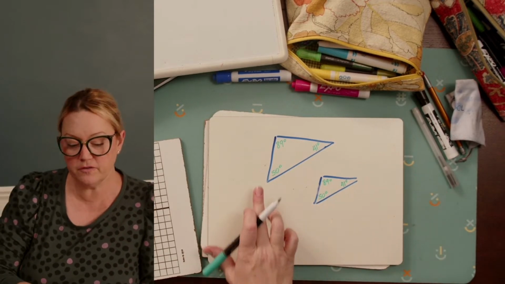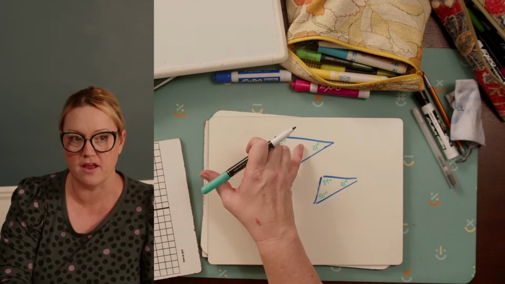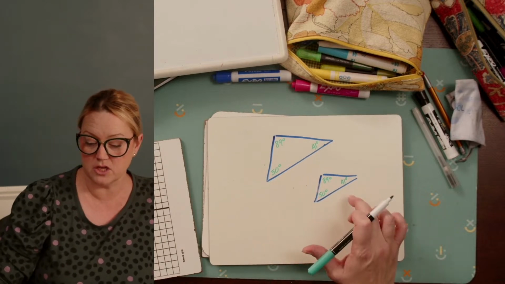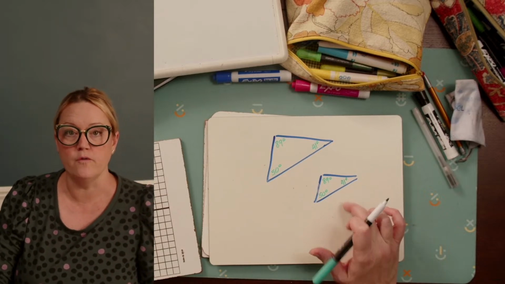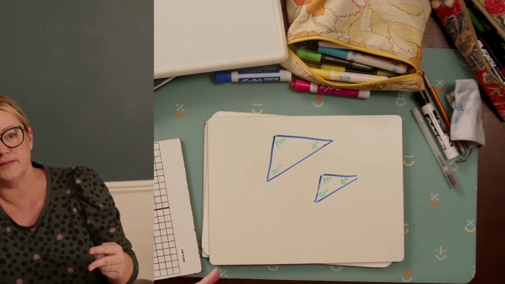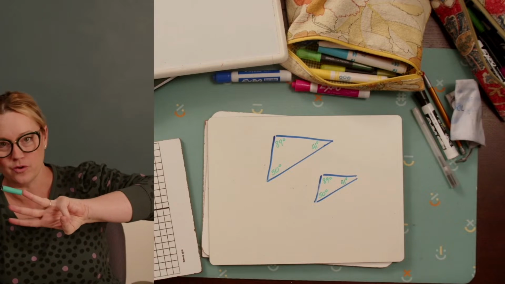So because you've got two of the angles, there's only one possible value for that third angle. And right here, you've got, again, the two angles, so there's only one possible value for that third angle. So for a triangle, you only need to know two of the angle measurements because you know what that third one is.